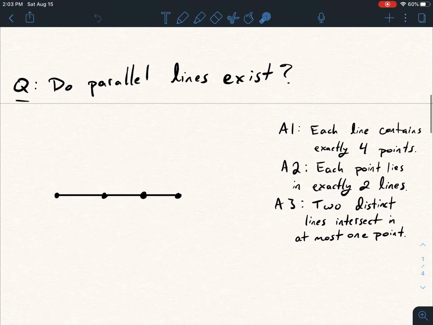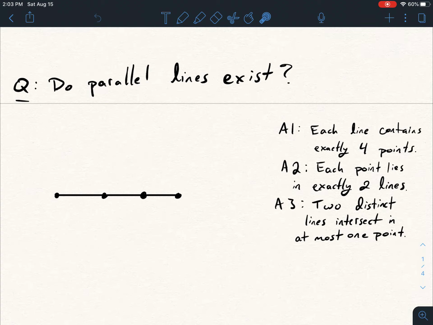So good. Right away, we have 1 line and 4 points on that. At this point, our first axiom is satisfied. Then if we look at our second axiom, each point lies in exactly 2 lines. All right, well, is that true? This point right here lies in this line, but there is not a second line that it lies in.